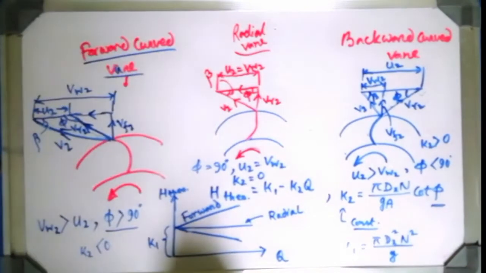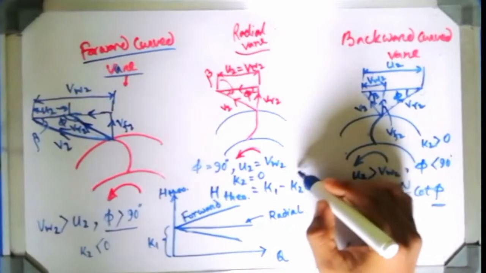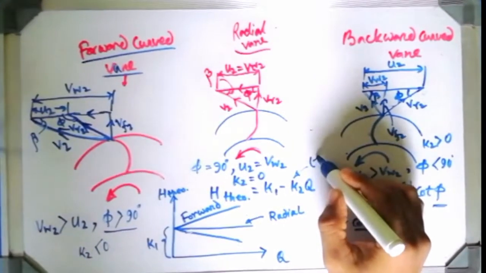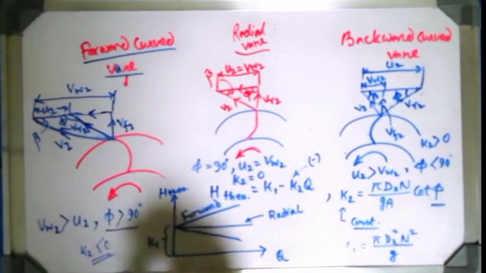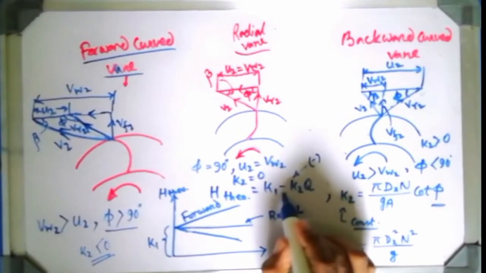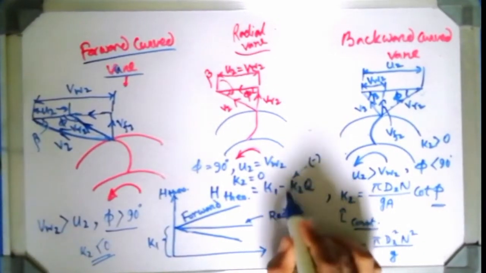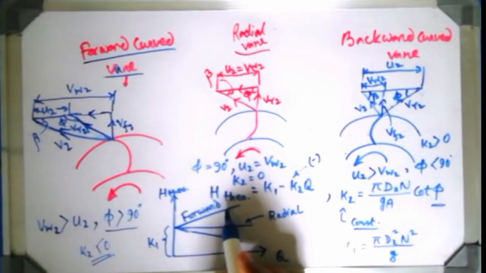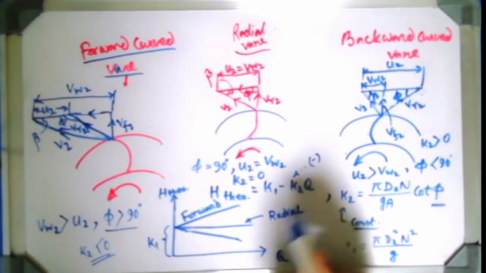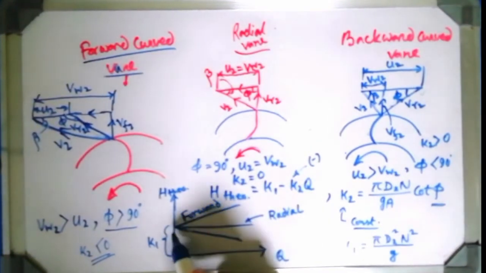Are you getting me or not, beta? If it is negative, then as a whole this equation will be positive, K1 plus this term. And if you consider Q equals 0 at the origin, K1 will be there, because this is the intercept.